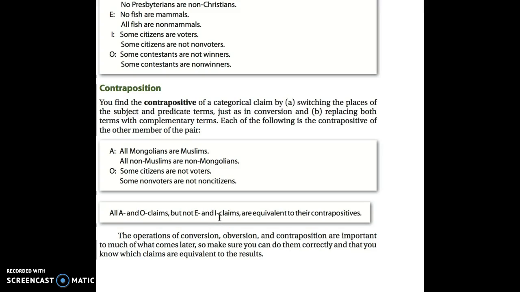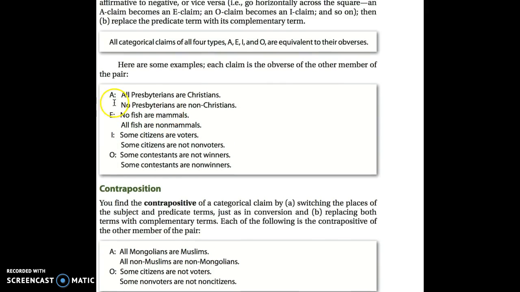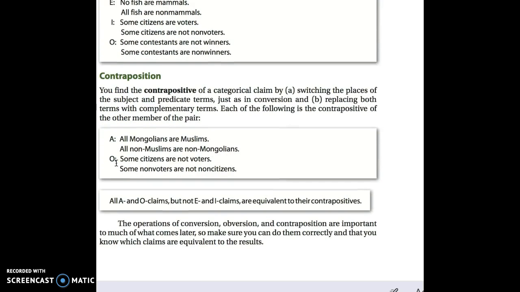Okay? Again, let me review that. With conversion, the E and I claims are logically equivalent. With obversion, all A, E, I, O claims are logically equivalent. And with contraposition, only A and O claims are logically equivalent.